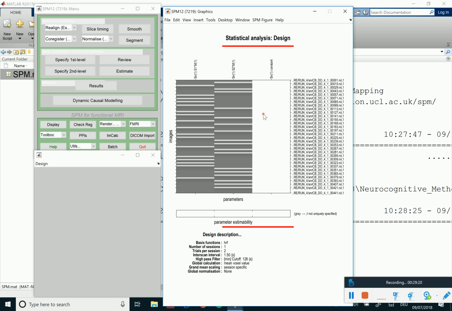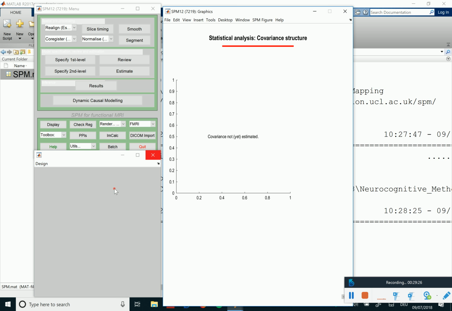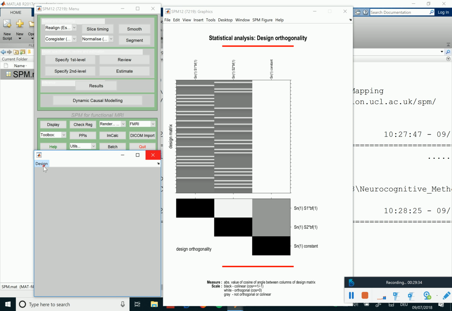There are some other things here. Covariance structure can actually also be shown, but it's not estimated and it doesn't tell you what the design is. Design orthogonality: where is that?